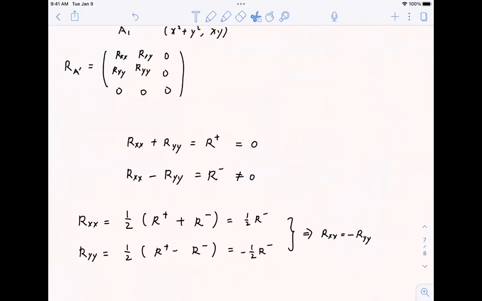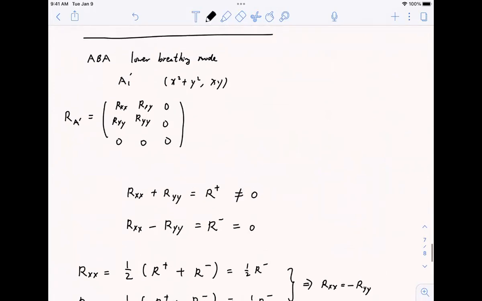In this case, this is not 0, and this is 0, because you have this element in the tensor. The -1 is not in the tensor, so it should be 0.